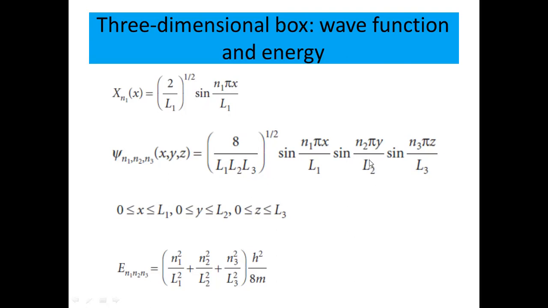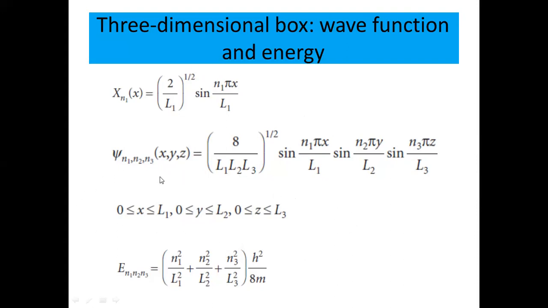And for the z-axis, you differentiate by using pi z, and when this is z, that will be n3 and L3. So simply this is the product of the wave function along the x-axis, y-axis, and z-axis. This is the total wave function of a particle in a three-dimensional box, and these are the limits.